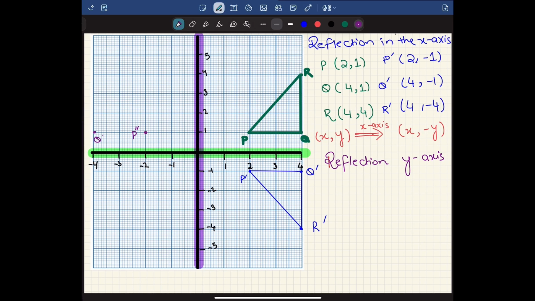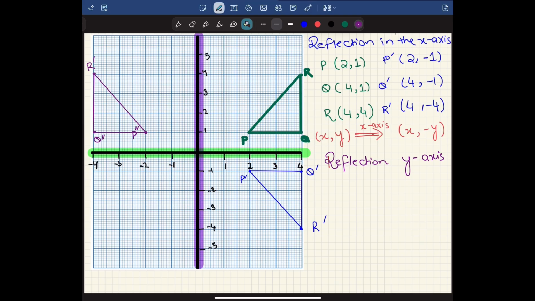So Q double prime. 1, 2, 3, 4. So this is R prime. Okay, so let's connect the points.